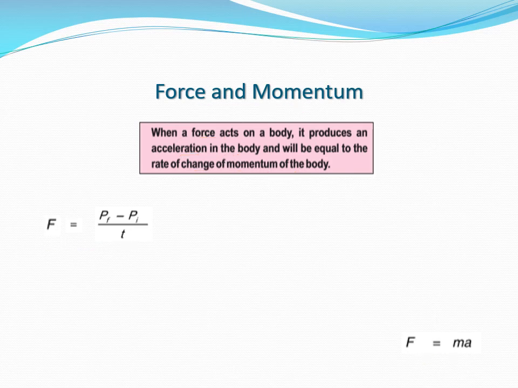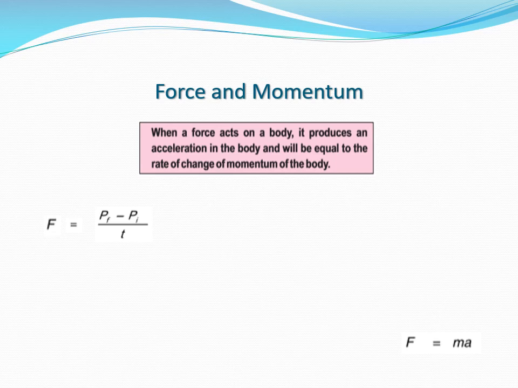Dear students, just focus on this statement. Consider a body of mass m moving with initial velocity vi. Let a force F act on the body which produces an acceleration a in it. This changes the velocity of the body. Let its velocity after time t become Vf.